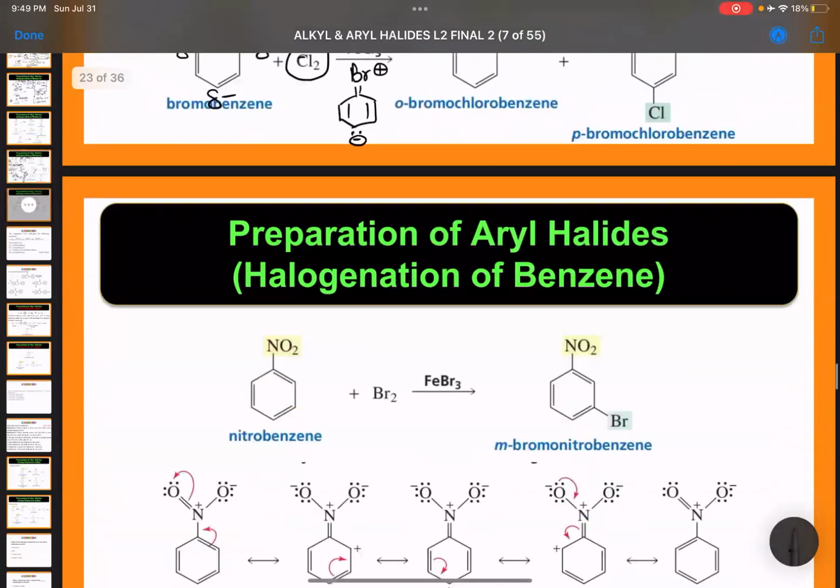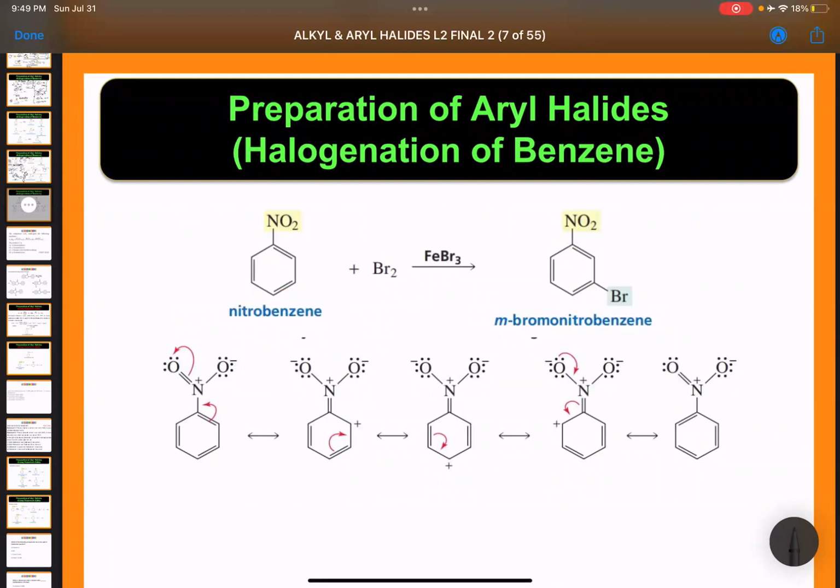Okay. Now what happened to nitrobenzene? So let me tell you the thumb rule. Strongly electron withdrawing groups like NO2, okay, strongly electron withdrawing group, how will you know?